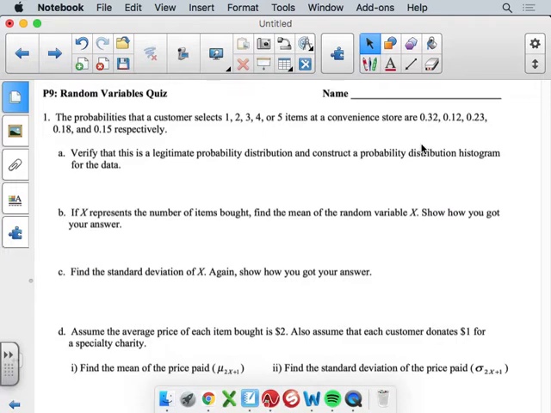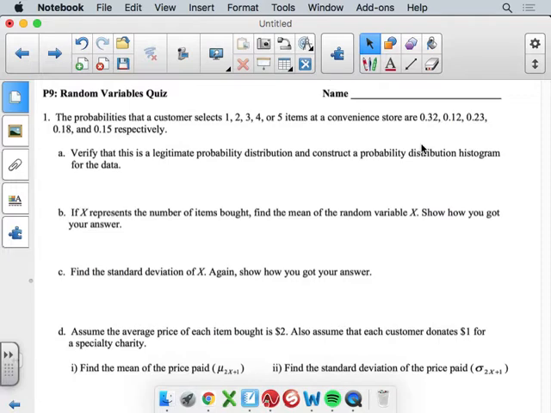So before we left, we were talking about some probabilities and their distributions. On this one, the probabilities a customer selects 1, 2, 3, 4, or 5 items at a convenience store.